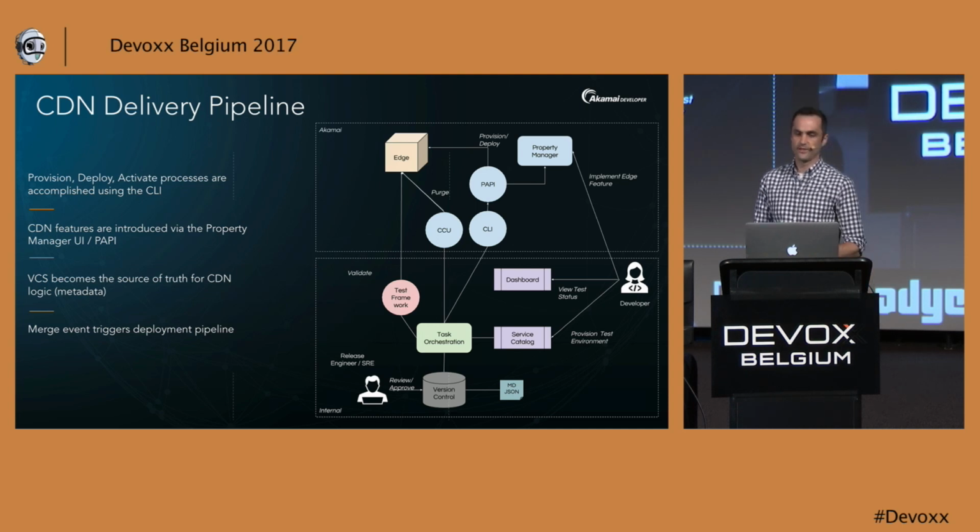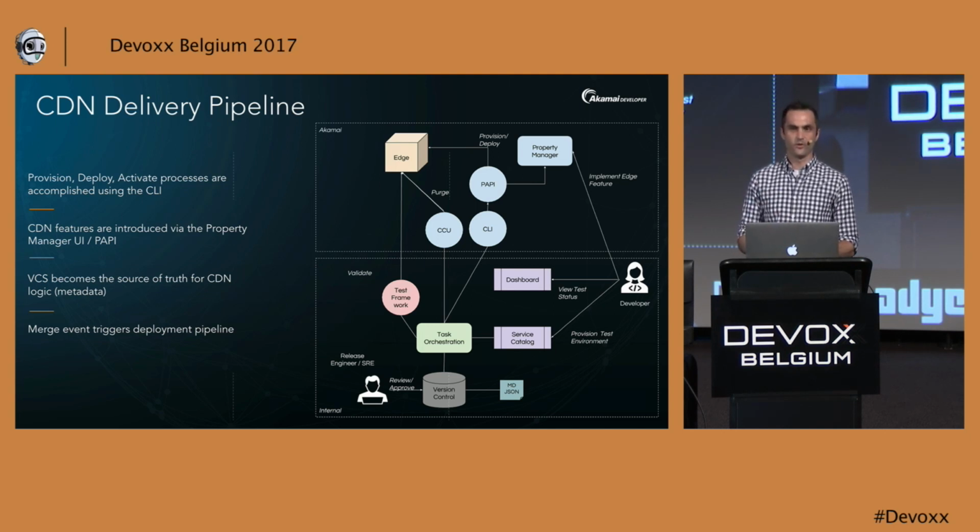But the main components that we typically see are, we have some developers trying to introduce some type of behavior or feature. They're going to do that either via the CDN UI directly, or through some type of interface that DevOps engineers or release engineers are providing to the developer, right?